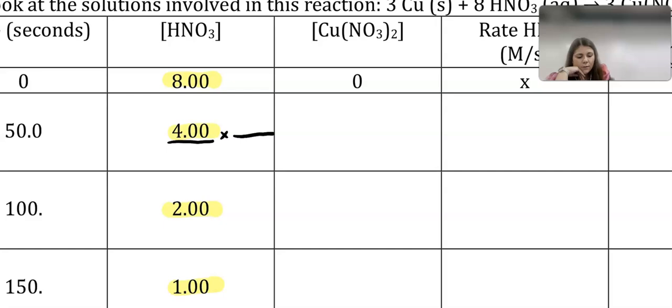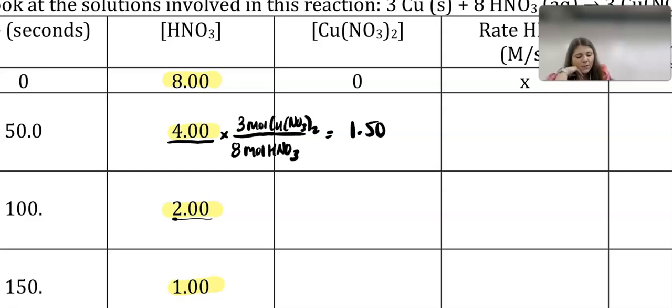So 8 moles of nitric acid for our 3 moles of copper 2 nitrate. Here, when we do 4 times 3 divided by 8, we will make 1.50 molar of our copper 2 nitrate after those 4 moles were consumed, okay?